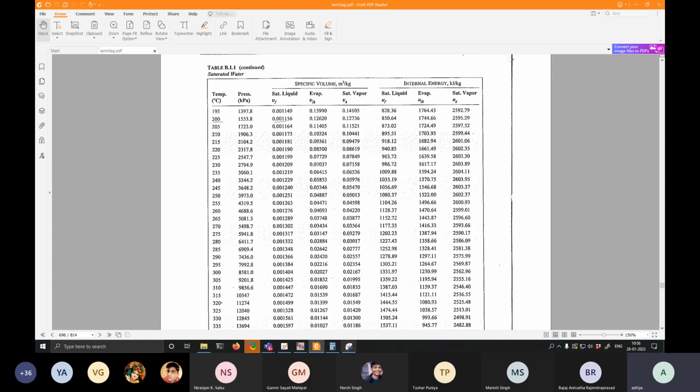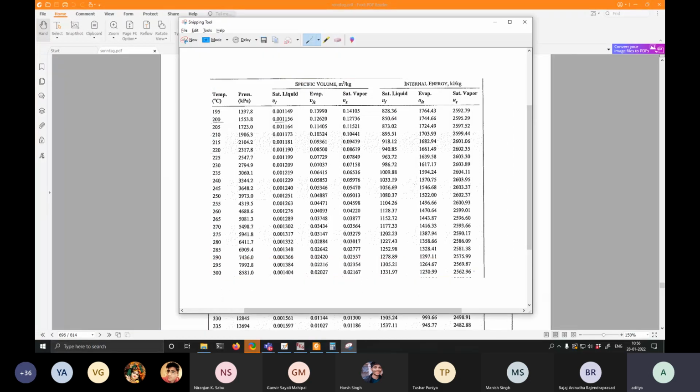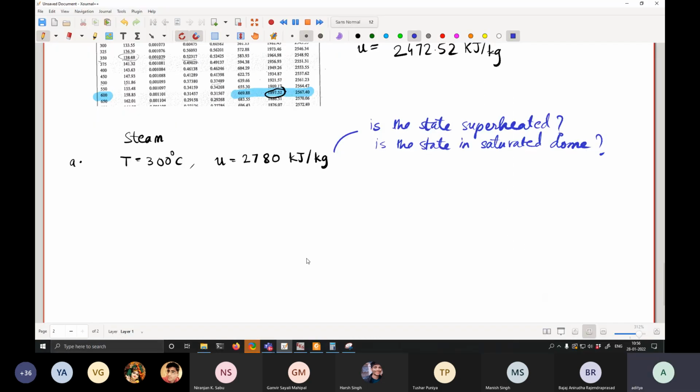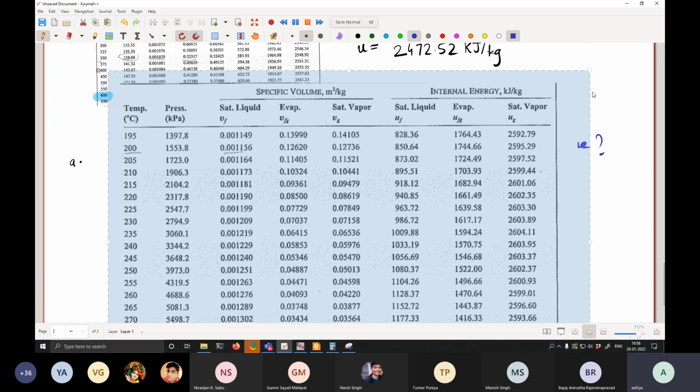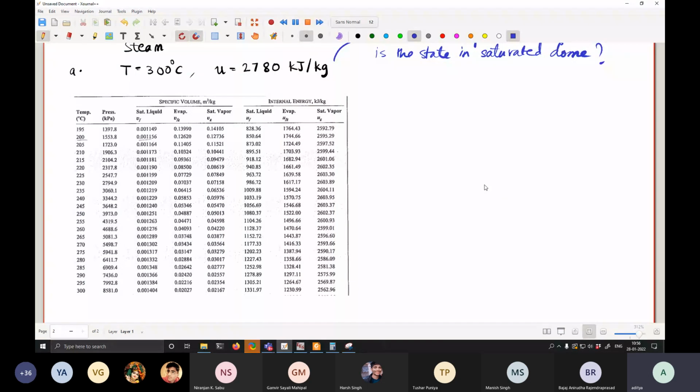Let me take a screenshot for everyone's benefit. So at 300 degrees Celsius, what do we observe? This is the internal energy data.